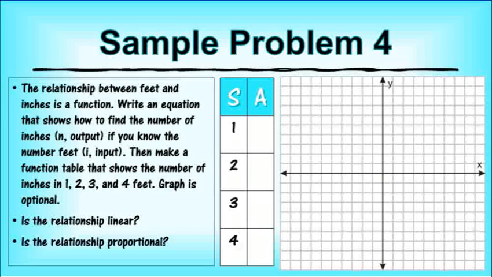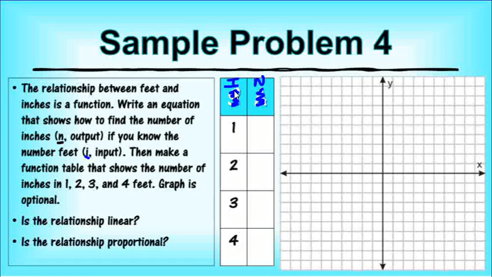So we're going to come over to our table here. I'm just going to change these. We're going to use the variables. The input goes on the left, and n is our output on the right.